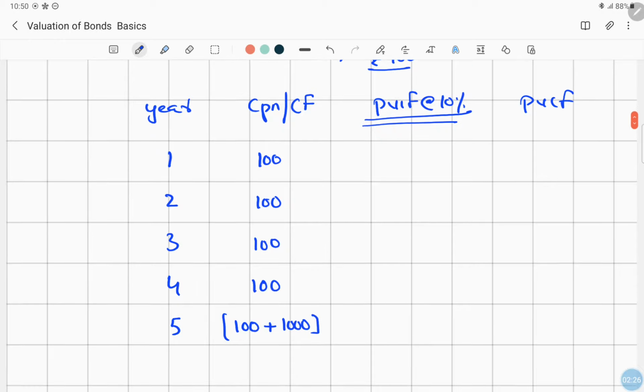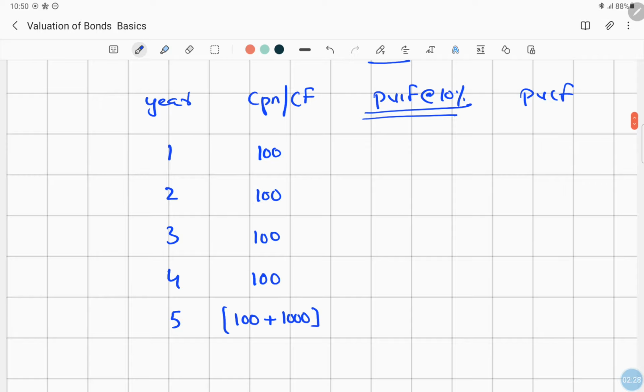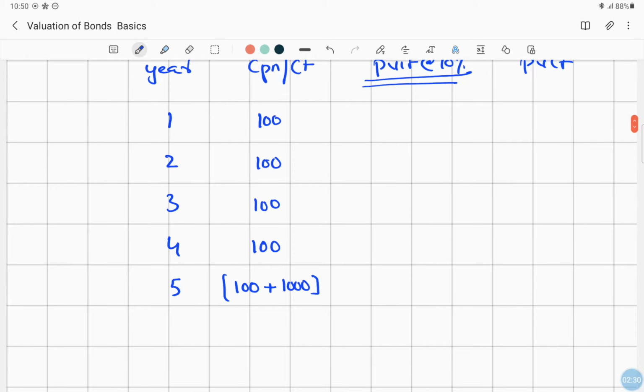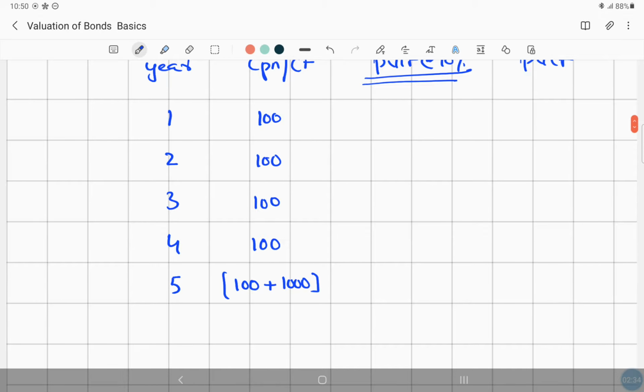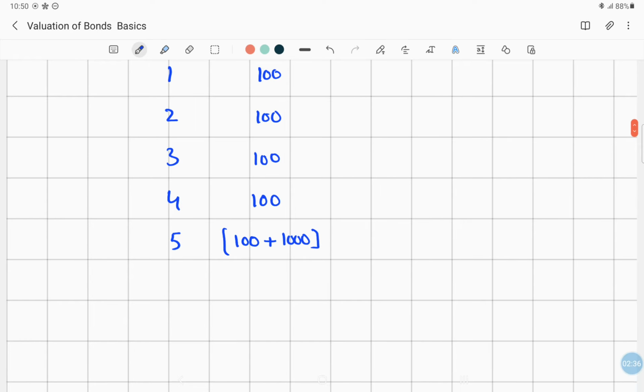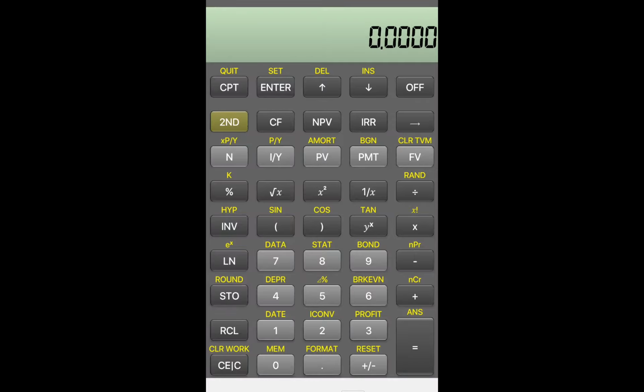This can be done with the help of your BA II Plus calculator. Let's get into that. Now we'll be calculating the present value interest factor. So for the first year, n is 1, and the required rate of return is 10%.